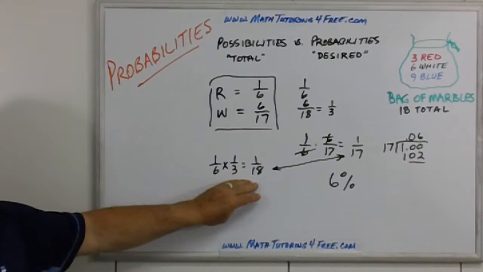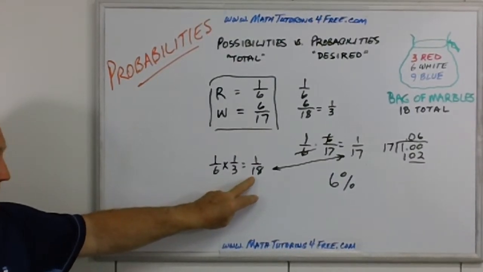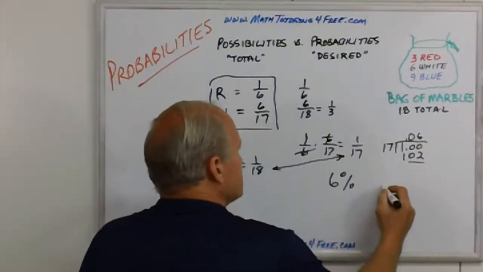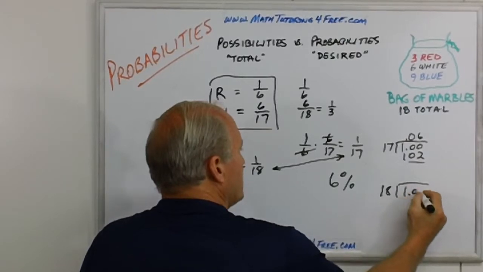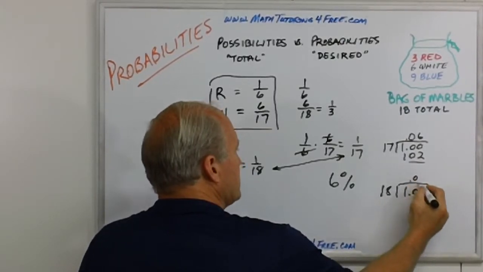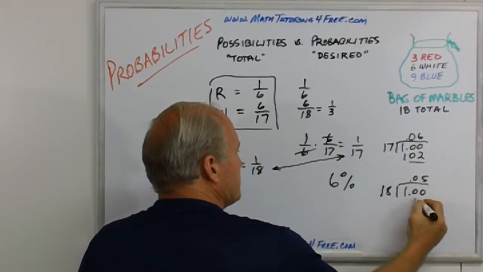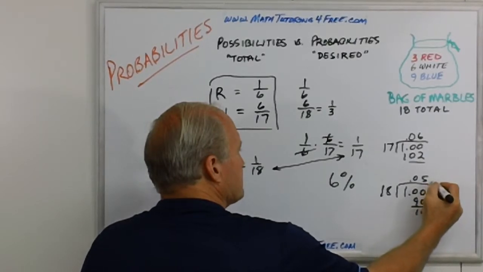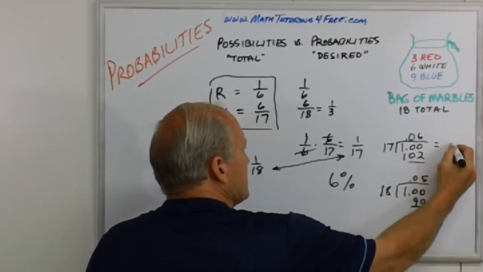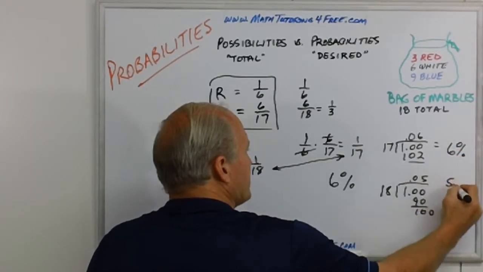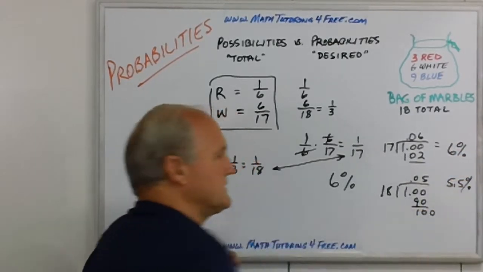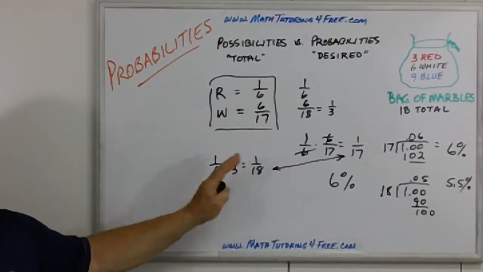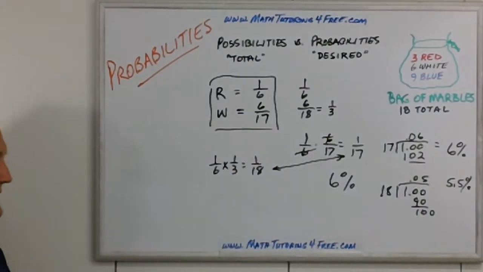Is this higher or lower as a percentage? Well, we're dividing by a bigger number, so it's going to be a smaller percentage. 18 goes into 1, let's see. If we go 5, that's 40, that's 90. So it's a repeating decimal, so where this was almost 6%, this is about 5.5%. So I hope you can see that the difference with replacing or not replacing is very significant.